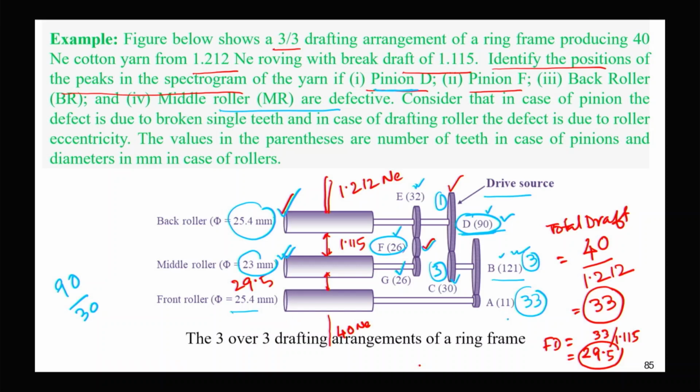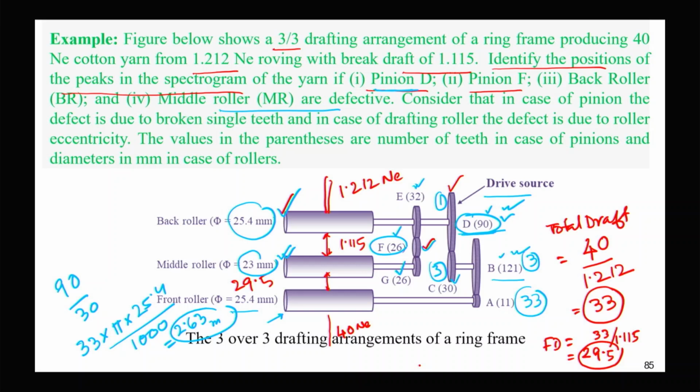So 33 rotations of the front roller will be there for one rotation of defective roller D. So for 33 rotations, 33 multiplied by pi multiplied by 25.4, and if it's in millimeter, to make it meter we divide by 1000. So the value is 2.63 meter.